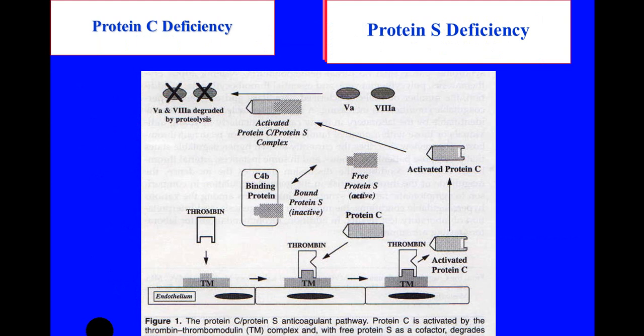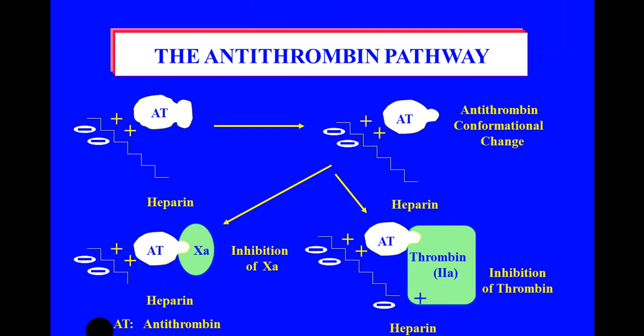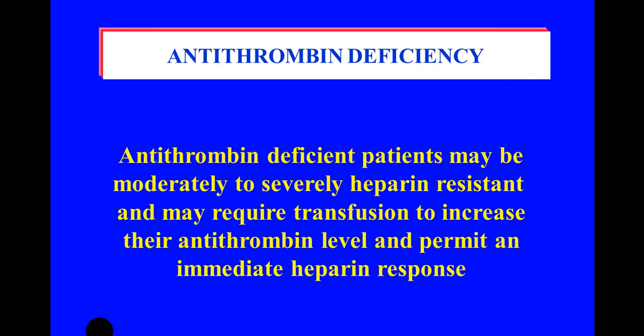As I mentioned before, protein C and S are essential, and deficiency of these proteins leads to thrombus formation. Antithrombin pathway: as you notice here, this is activated factor 10, and this is thrombin, and the diagram shows how antithrombin and heparin work.